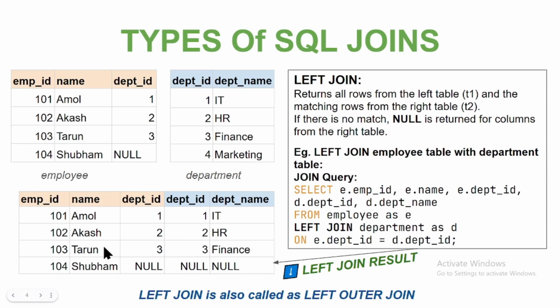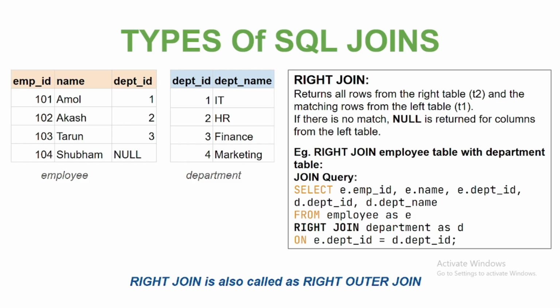Next we can move to the right join. So what is a right join, guys? It is exactly the opposite of the left join. It returns all rows from the right table, as this is a right join, and then matching values from the left table.